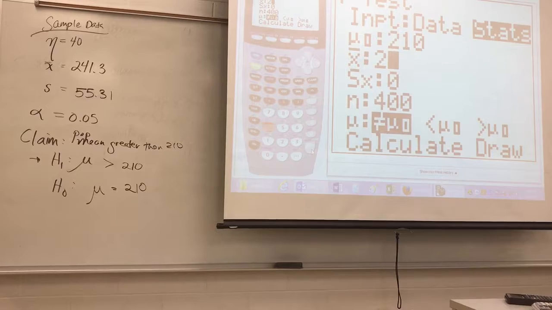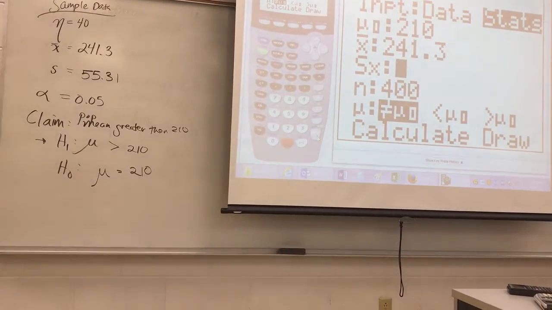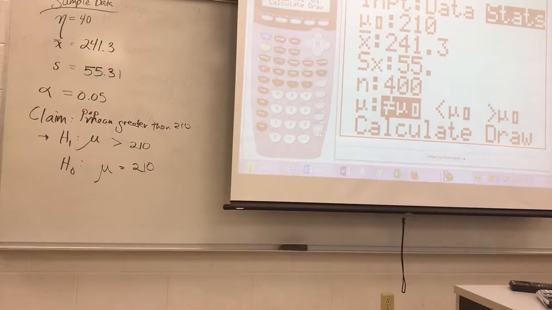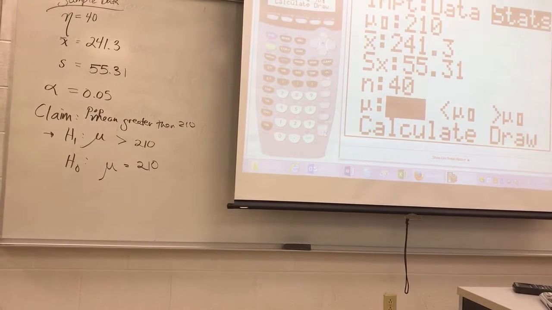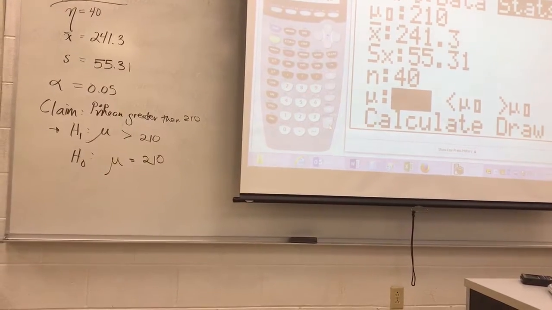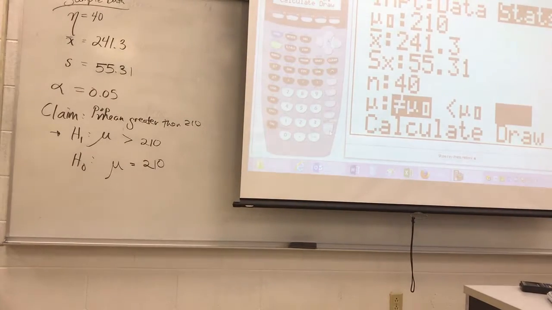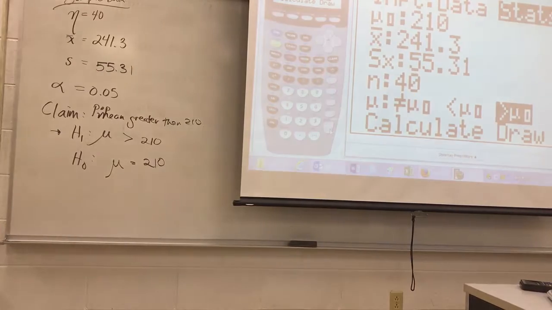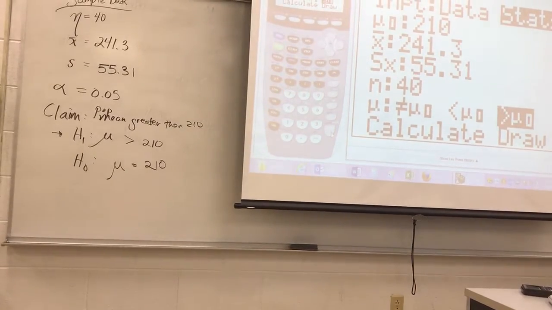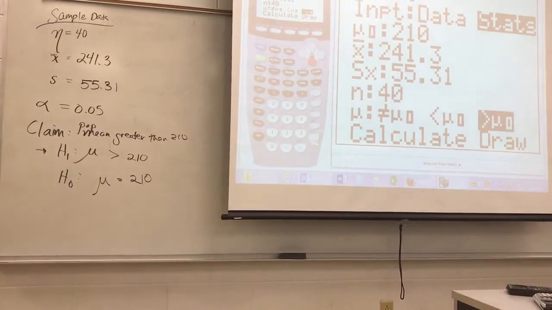What's s? 55.31. n? 40. And which one is our alternate hypothesis? Is it greater than? So that tells it that this is what's called a right-tailed test, and it's supposed to calculate the p-value to the right. So we go down to calculate and hit enter.